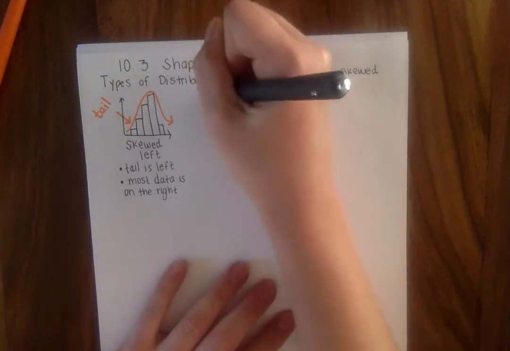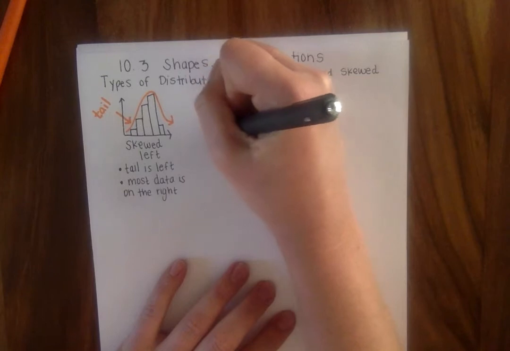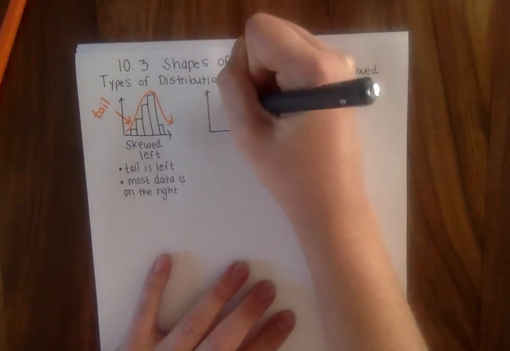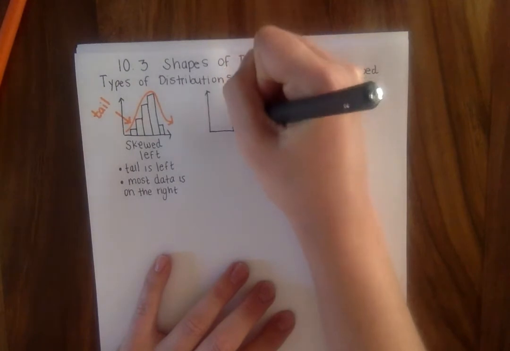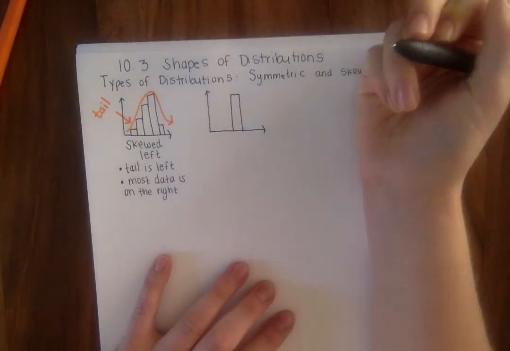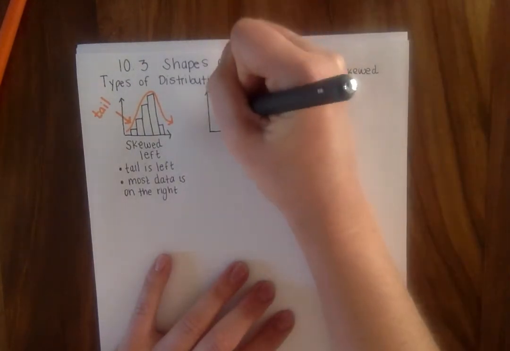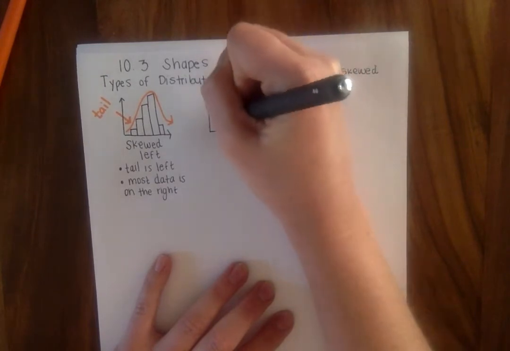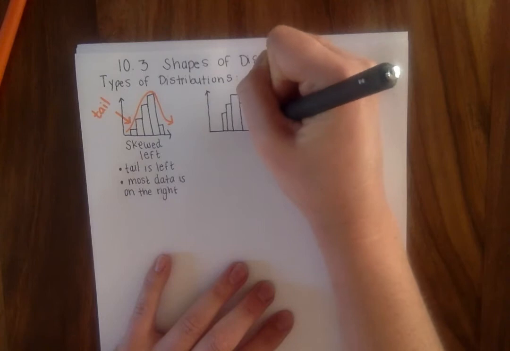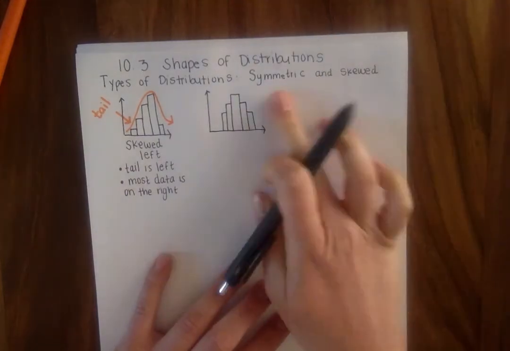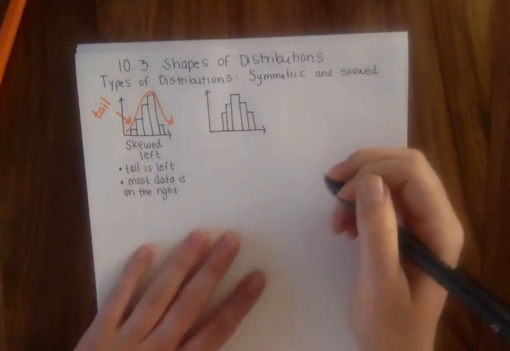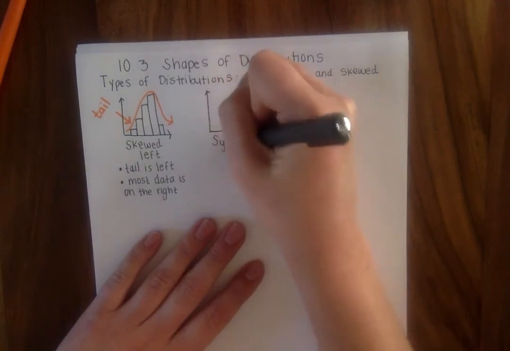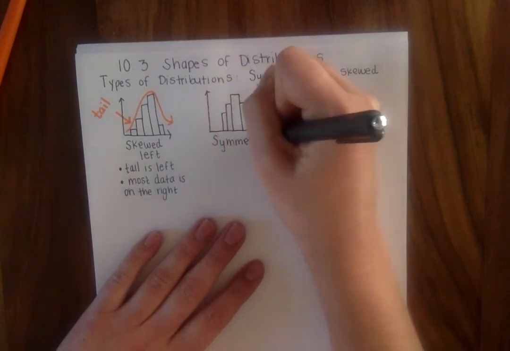Then what if I have a graph like this? I'm going to start by drawing a tall bar in the middle, and then watch how I'm evenly distributing it between my sides. You probably guessed it: this is an example of symmetric.